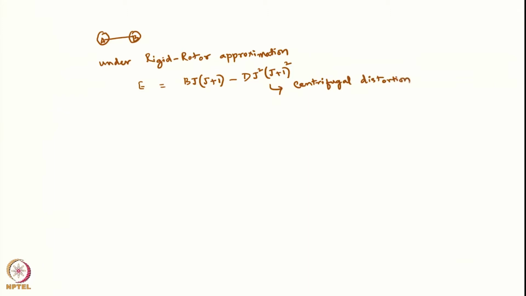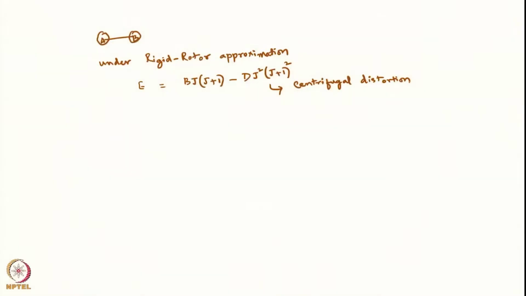We talked about centrifugal distortion, because when a rotating body rotates, the bond length increases because of the centrifugal force. So, that is covered by the centrifugal distortion.